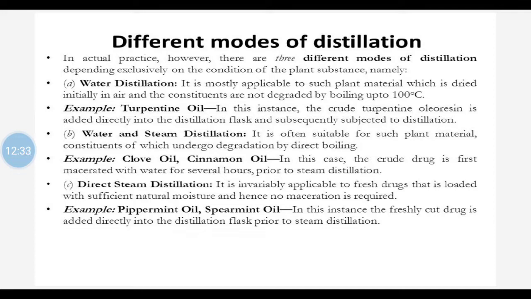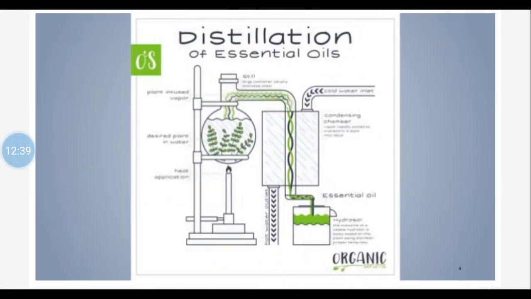So in distillation also, there are different modes. So you can see the distillation of essential oils, how it is carried out, and a distillation plant or distillation unit is needed.